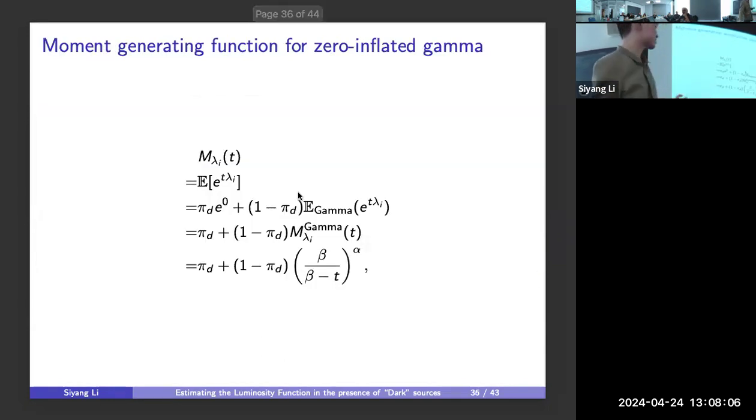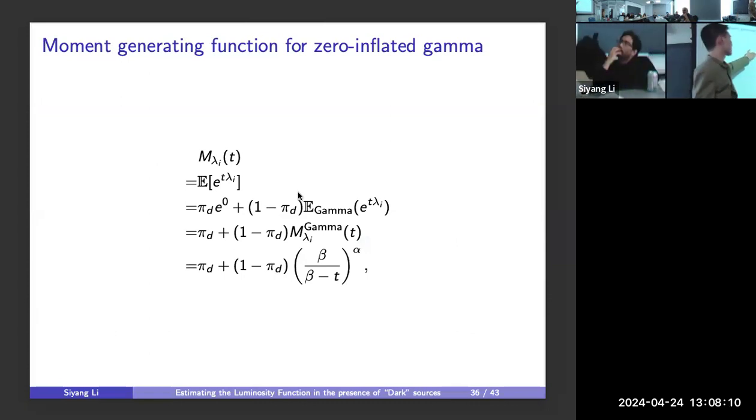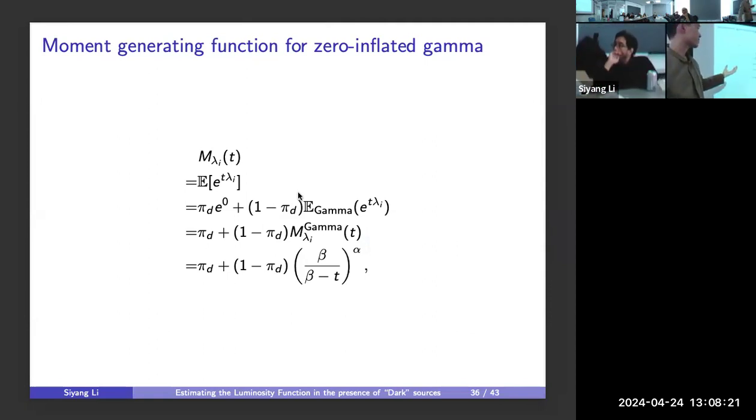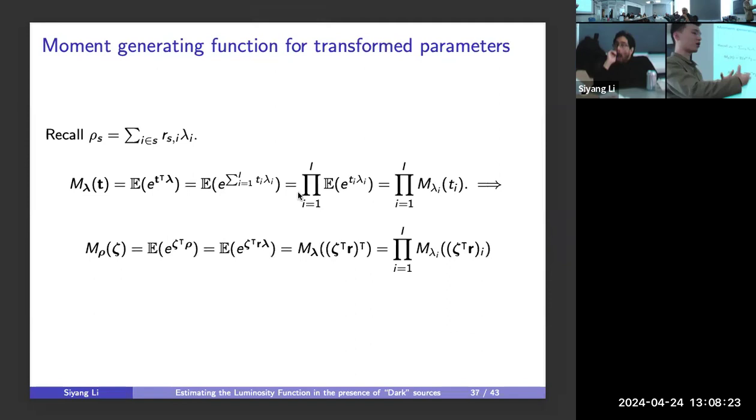But if we consider the zero inflation part, which for the moment generating function is very easy to deal with by using the linearity of expectations, and also if we consider the overlaps, which is essentially a mathematical transformation on the source intensity parameters, that's also very easy to derive using moment generating functions.